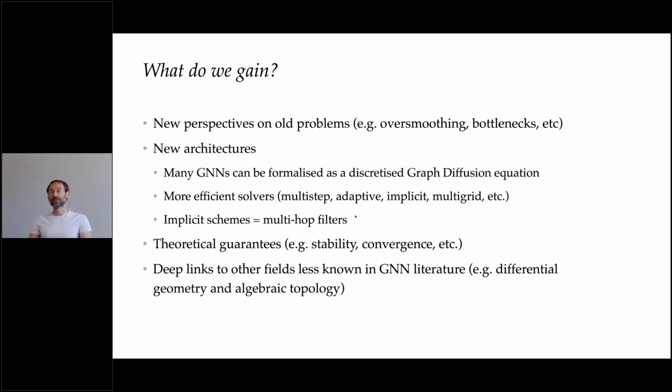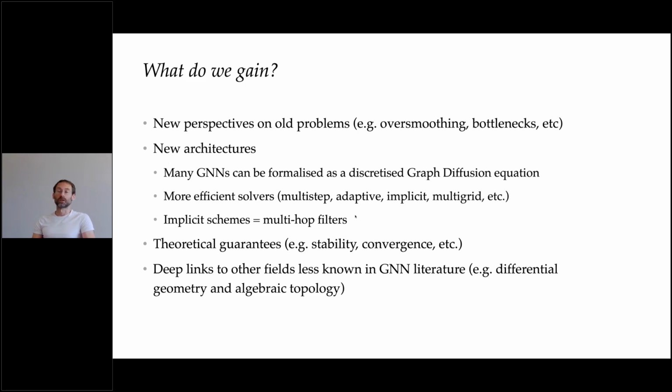And this perspective gives a nice theoretical view on all problems. First of all, you can explain existing architectures such as graph attention networks as a discretized graph diffusion equation, but it potentially also gives rise to more efficient solvers such as multi-step adaptive implicit multi-grid methods that do not have immediate analogy currently in the zoo of graph neural network architectures.